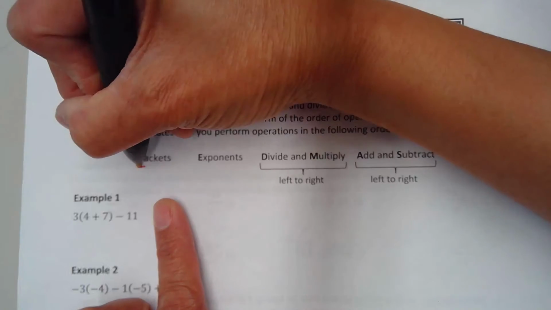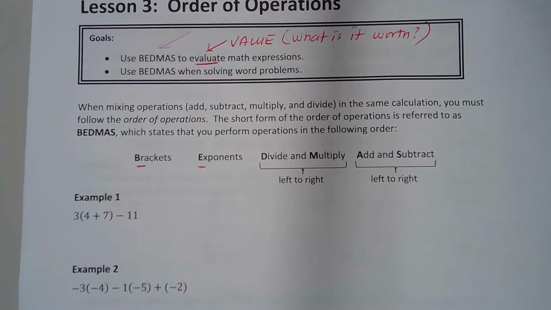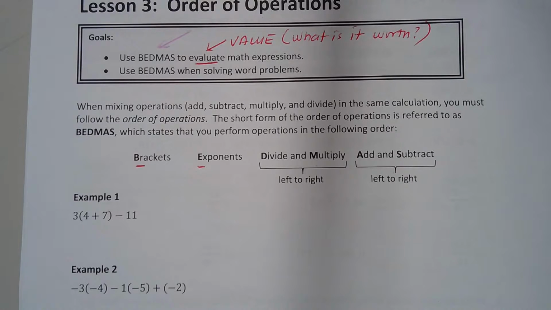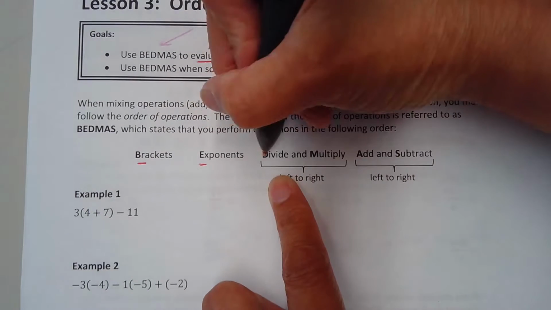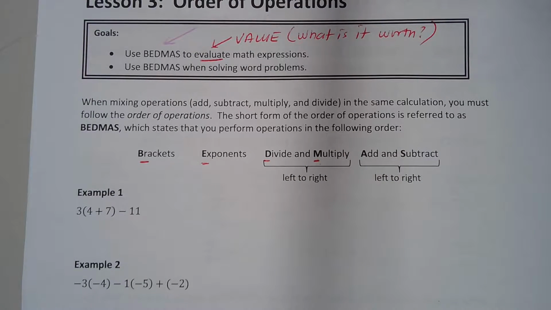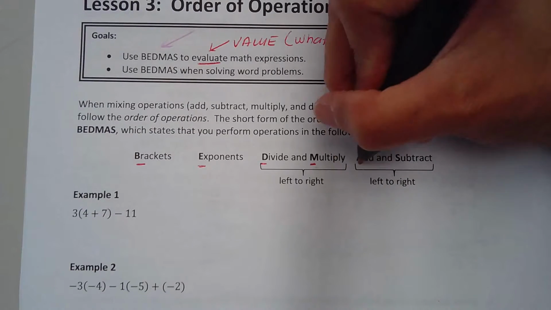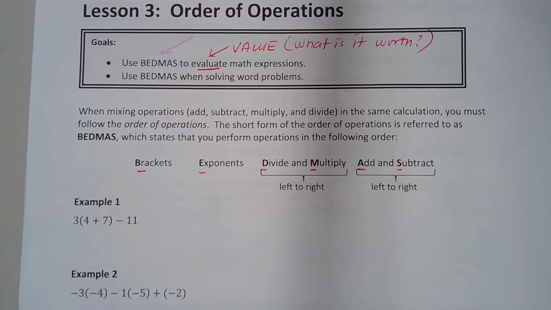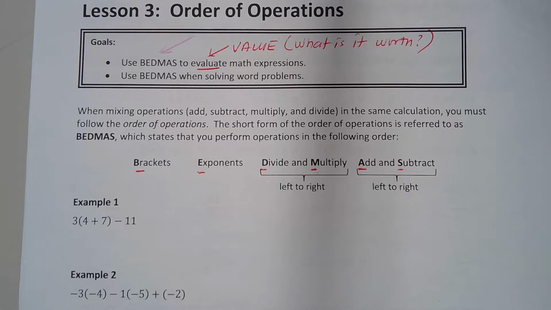The E are the exponents, and we discussed that a little bit: when you see a square, cube, or square root, a cube root, those are the exponents. The D and M are multiplication and division, and if you see just multiplication and division, you're going to do that from left to right. And then the A and the S are addition and subtraction. So you do the addition and subtraction last.